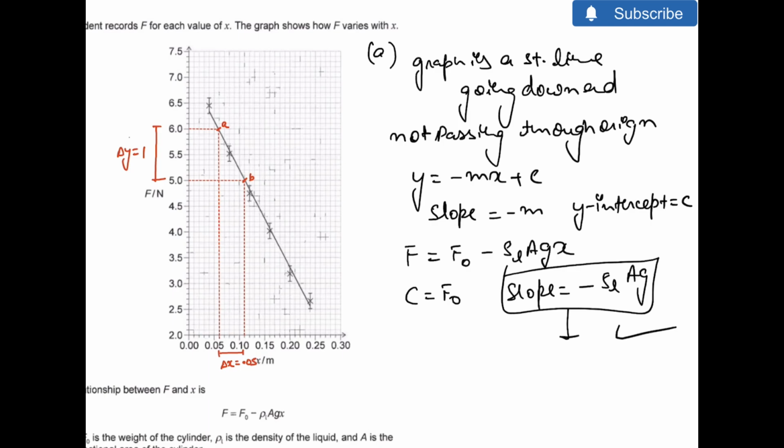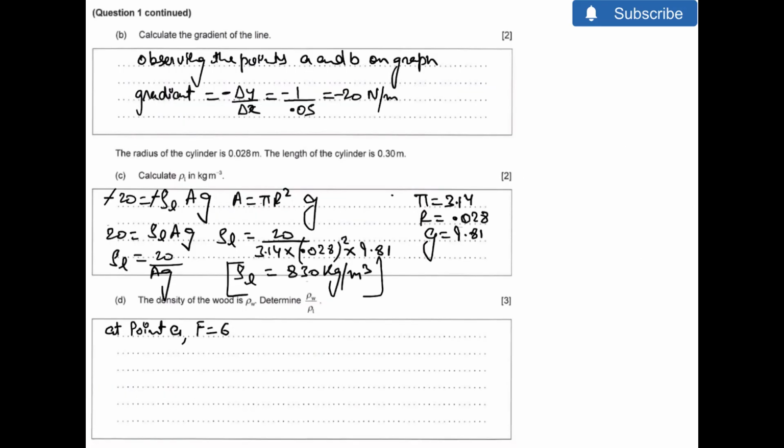Okay, and we have already calculated the value of slope, that is minus rho L Ag, that is minus 20.